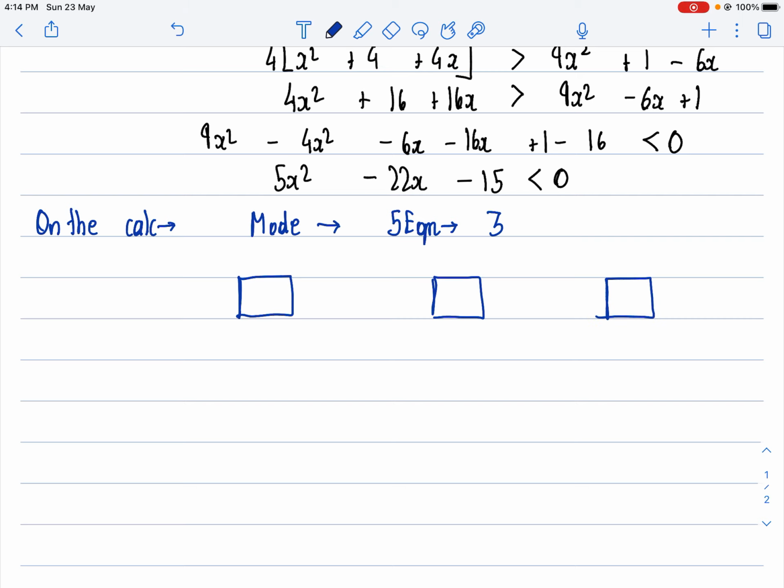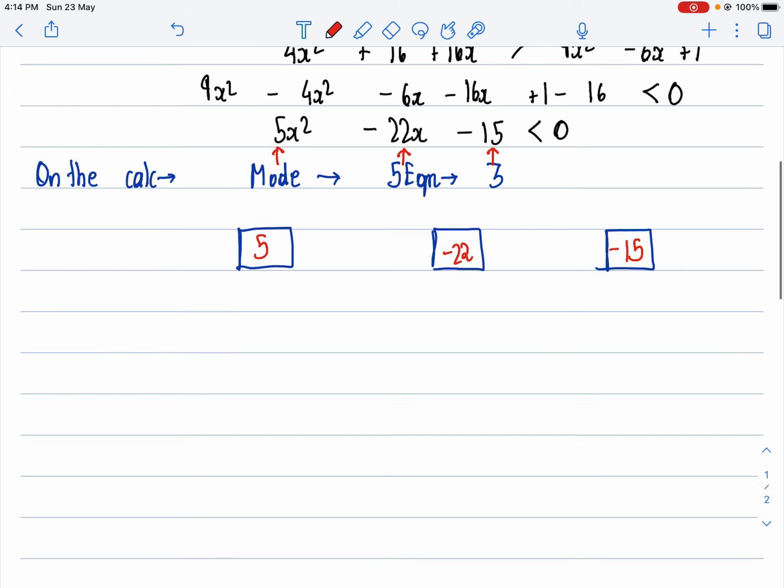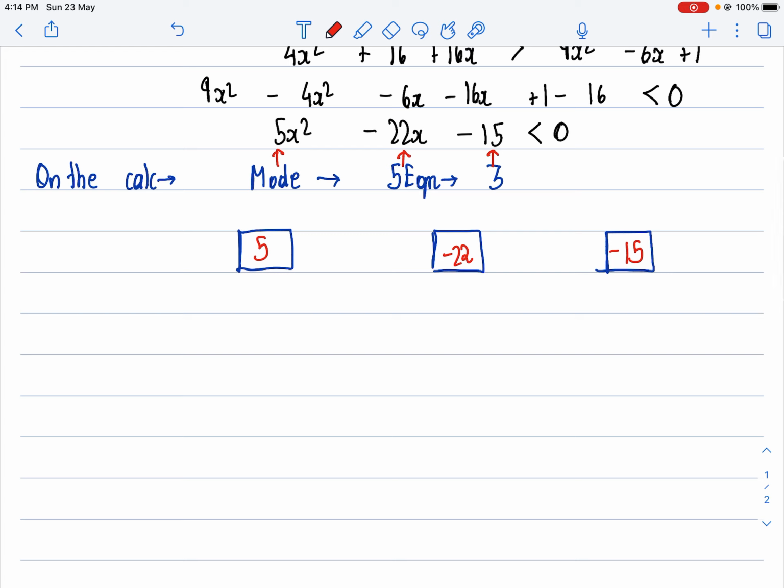In the first coefficient box, put 5, which is the coefficient of x square. In the second one, put minus 22, and in the last one, put minus 15. So just do that: 5, minus 22 and minus 15.